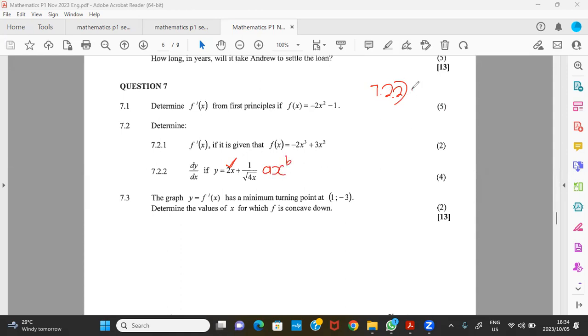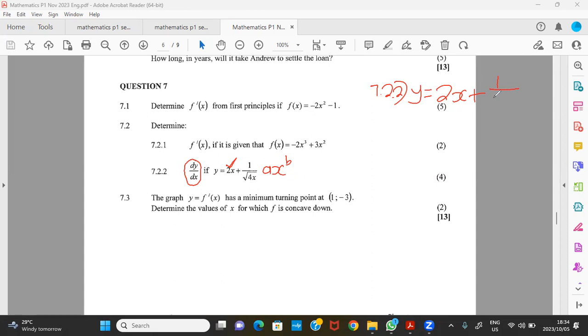So we are going to say y is equal to 2x. You see, I'm not starting by saying dy over dx. I'm saying y because I haven't started deriving. I'm only going to use the dy over dx when I start deriving. So y is equal to 2x plus 1 over root 4 of x.